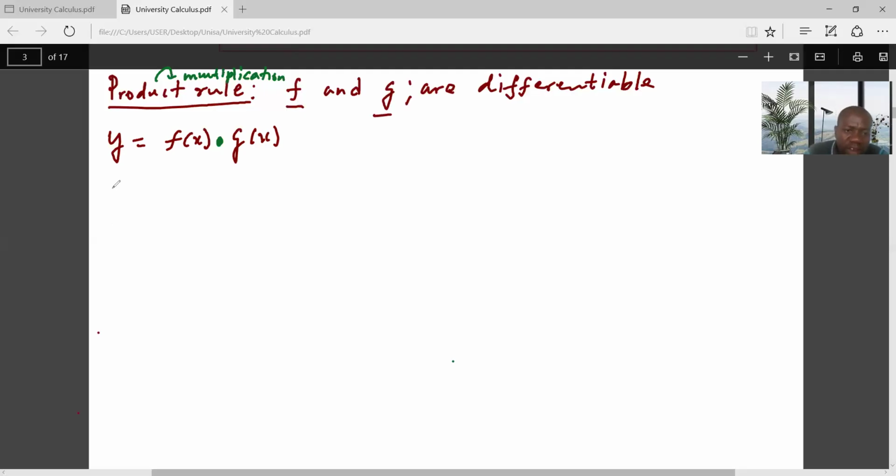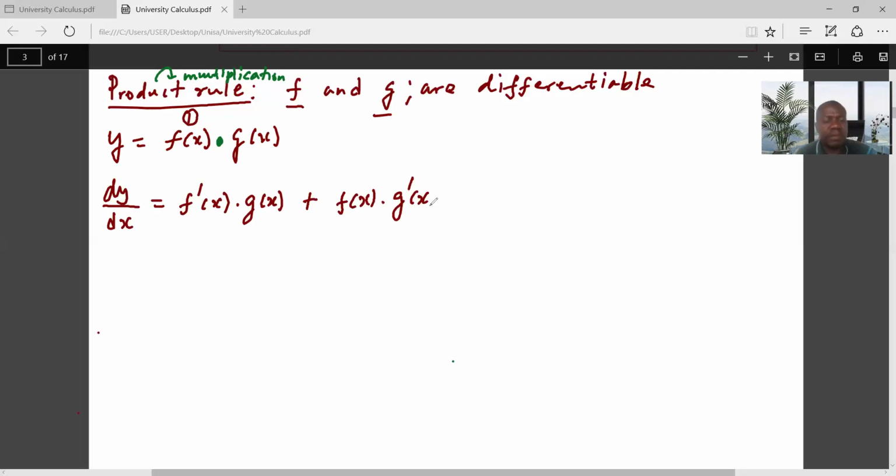Therefore, the derivative of y with respect to x, according to product rule, says you take the first function, you differentiate it, and you leave the second one. Plus, the function that you have differentiated, now you no longer differentiate it, and the second one is g prime x. Let me repeat this.